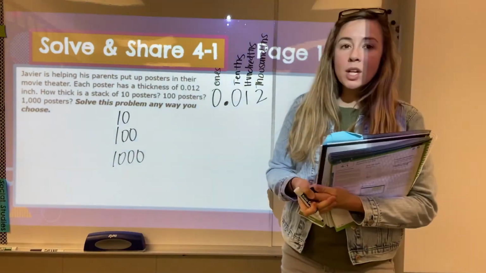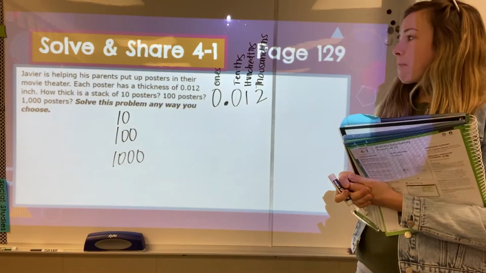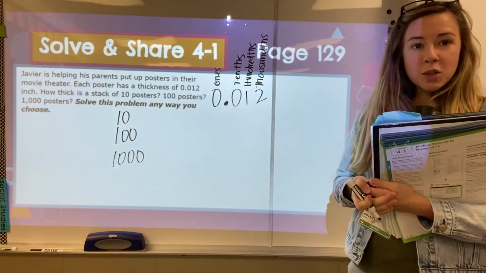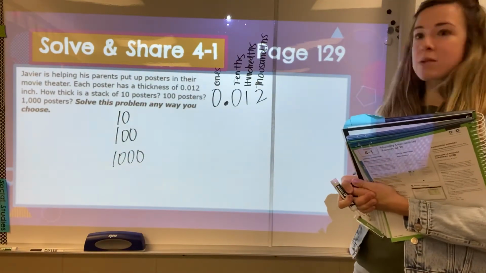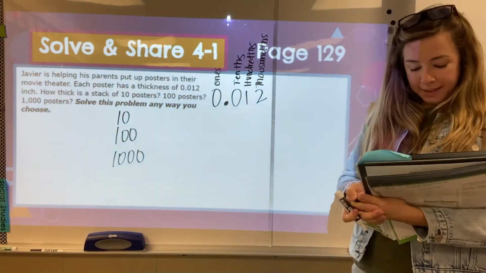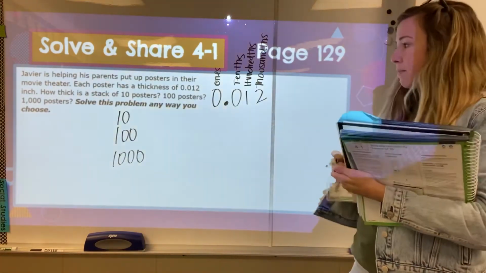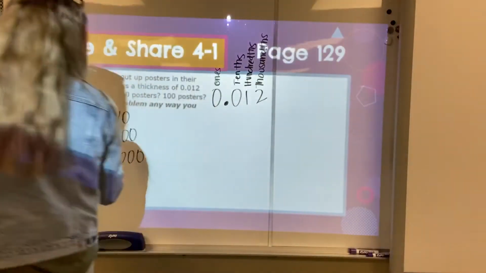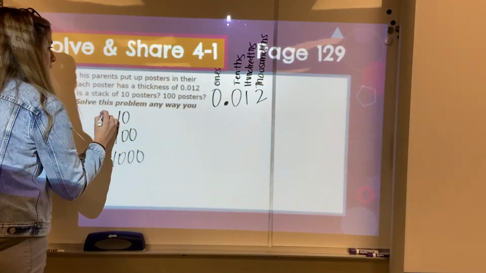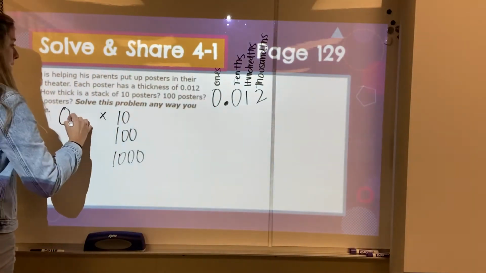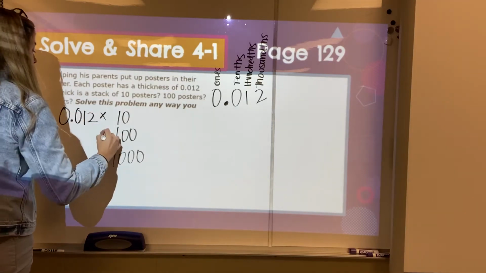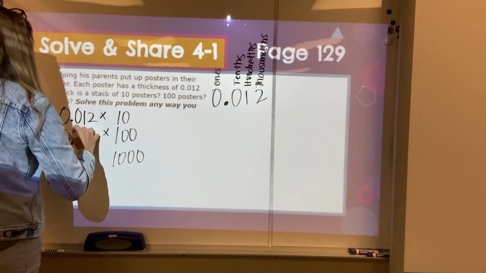I am going to go over a little trick that we can do with multiplying our decimals by powers of 10. I'm taking 12 thousandths times each of these.